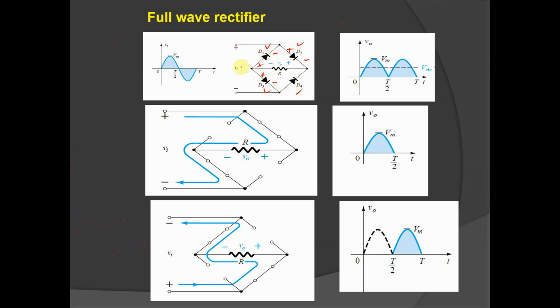Now, during the positive cycle, what will happen? During the positive cycle, which diodes are open? Considering that this is, let's say for example, an ideal diode without considering the threshold.